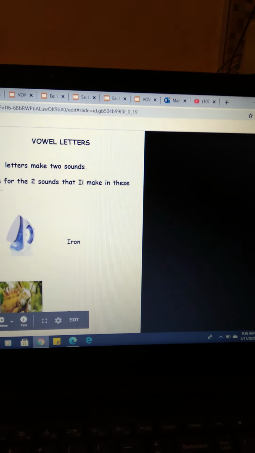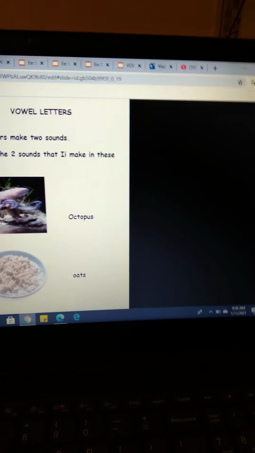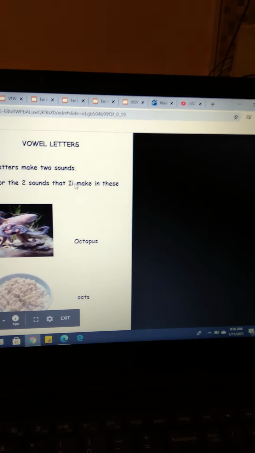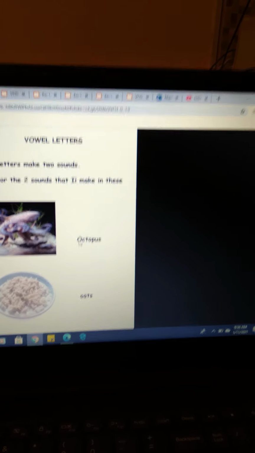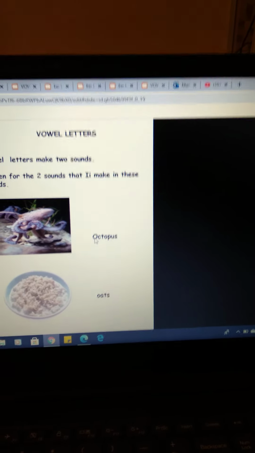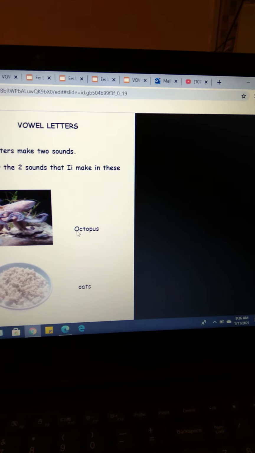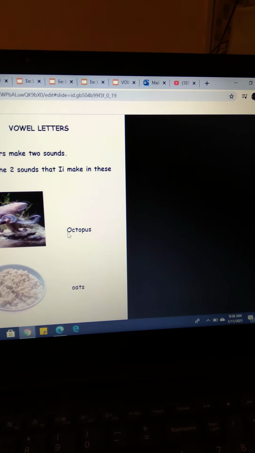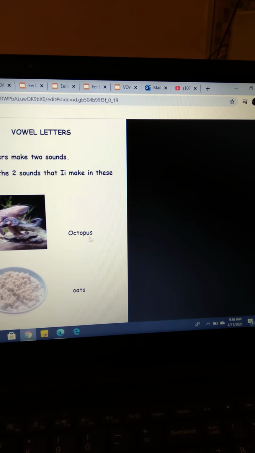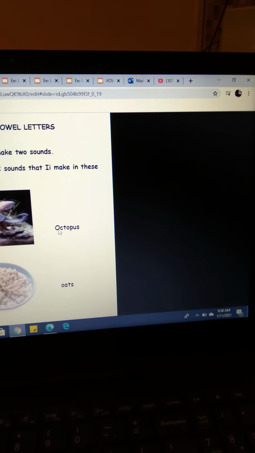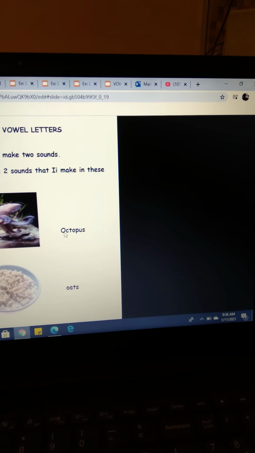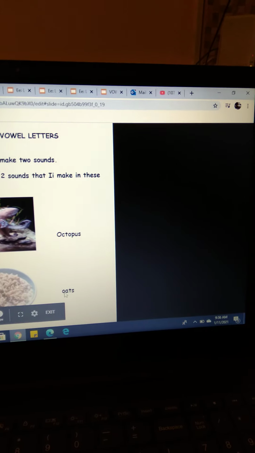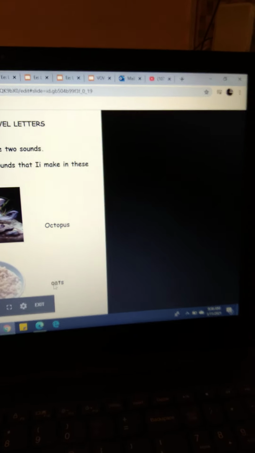Now, I forgot something. Again, in this word, this is another vowel letter, O. And let us listen for what O says in this word. Octopus. What sound is the O making? Yes, it's saying ah. But here I have another O, a small one, but it's an O nevertheless.